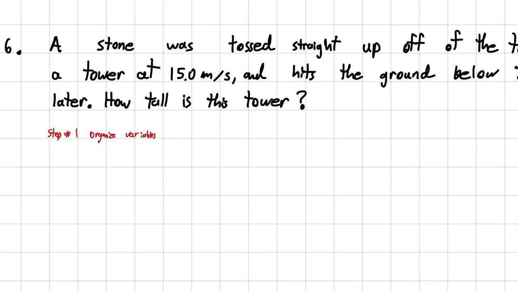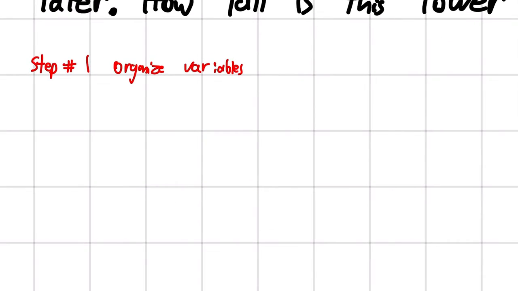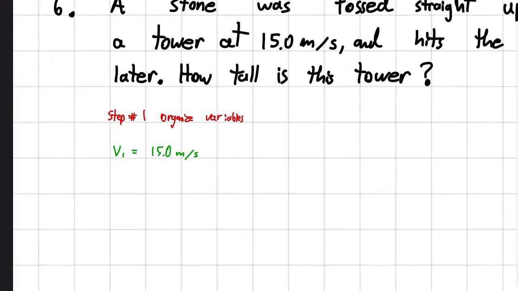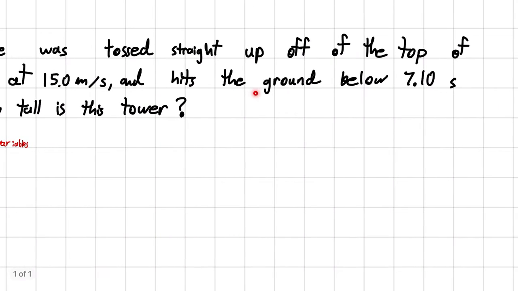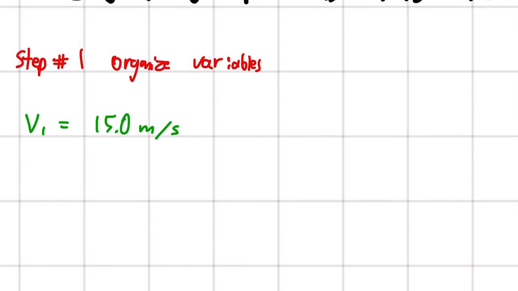The initial speed: it's initially tossed at 15 meters per second. So that means our v1 is equal to 15 meters per second. Another piece of information in the question is that it hits the ground 7.1 seconds later. So we know the time is 7.1 seconds.